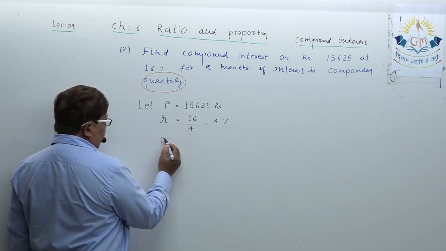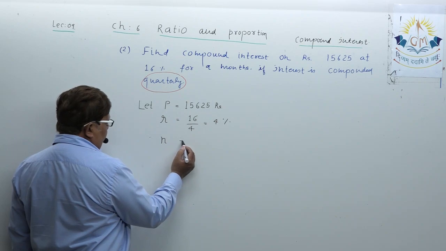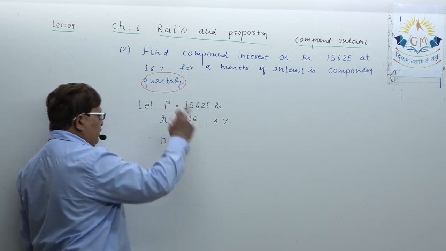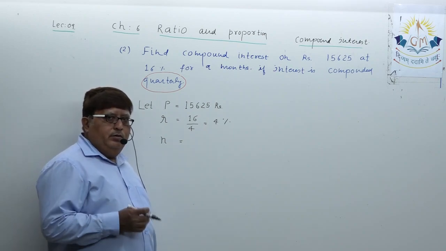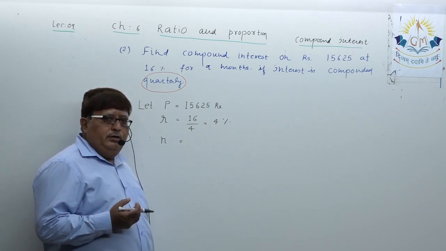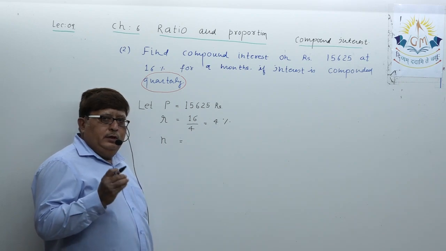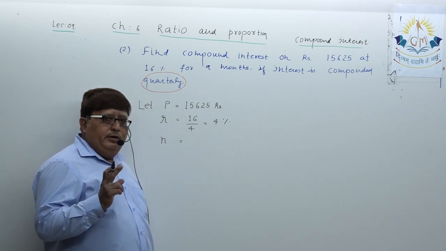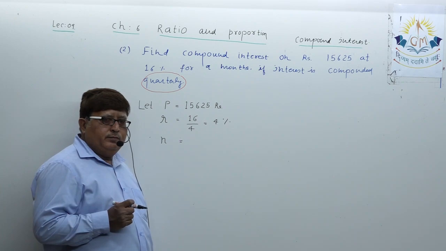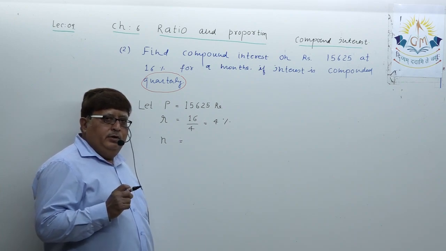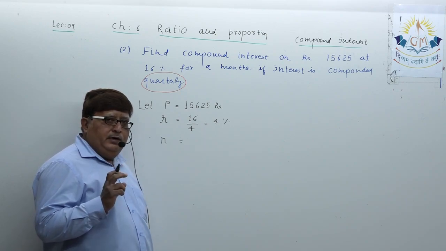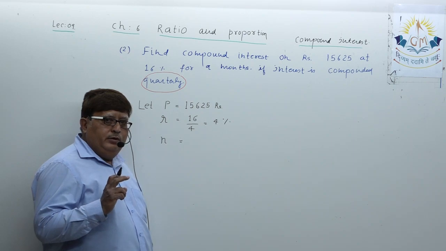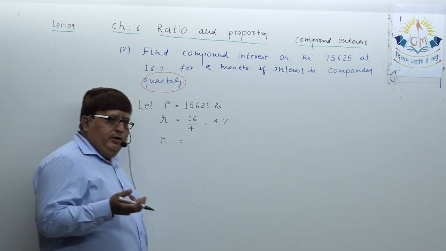n, that means the number of periods. Just concentrate. You are going to count interest for complete 9 months. 9 months means, dear student, it includes how many quarter of 3 months? Understand, 3 quarters.